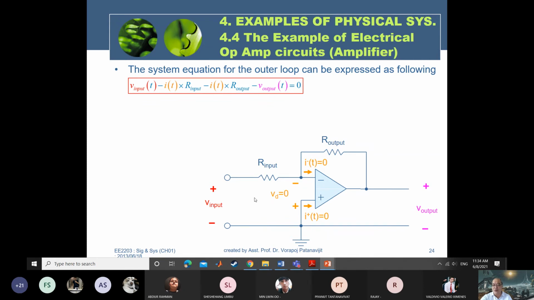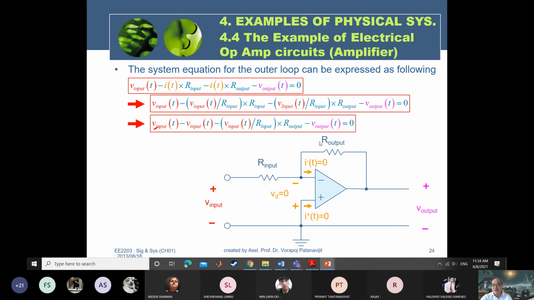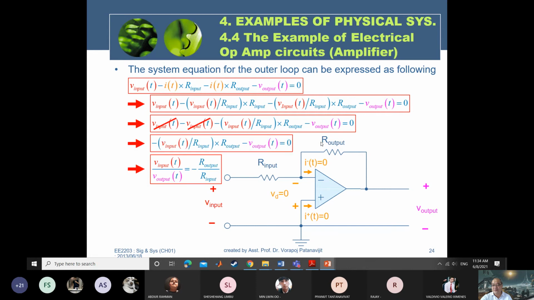By applying KVL and substituting, it gives you this. I think you already studied the details in the electronics subjects. Therefore, in this case, the ratio between the input and output voltage depends on the ratio of the input resistor and the output resistor.